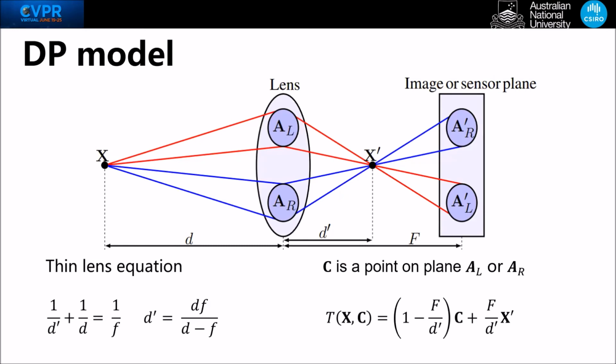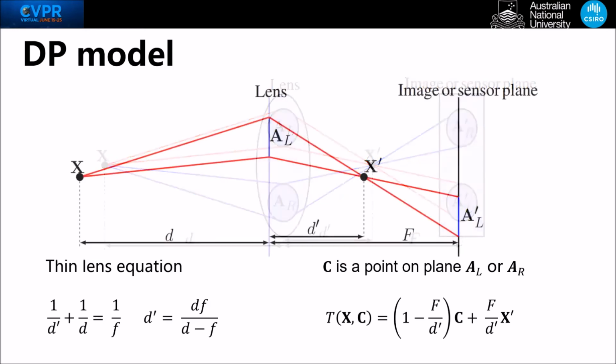For each point in an image L, the intensity of a pixel is spread over regions on the sensor plane. The size of a region is determined by its depth and other camera parameters. More details can be found in our paper.